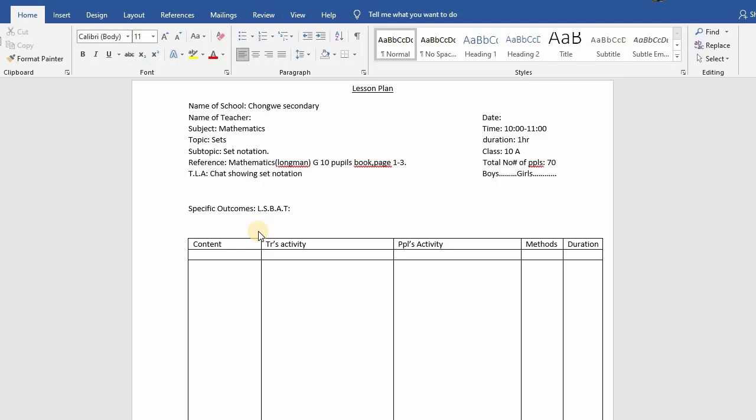So the next thing that you include also on your lesson plan is the specific outcomes. So specific outcomes, you look at the content that you are going to teach your learners. So if it is under set notation, this lesson will guide you the number of outcomes you are going to include here.